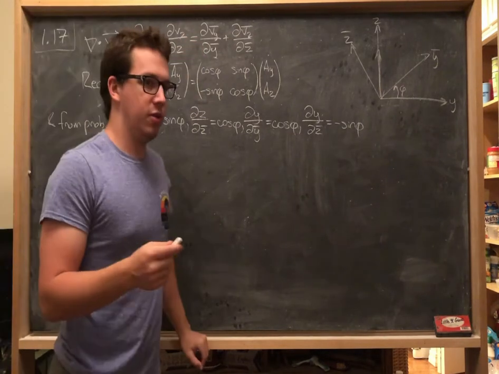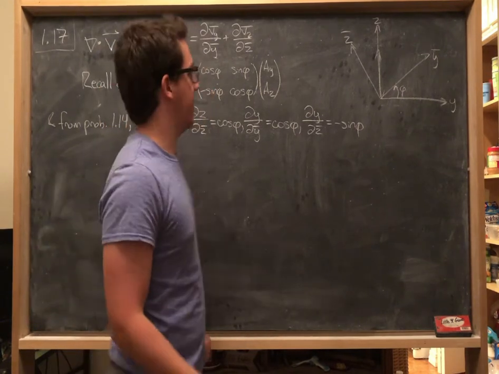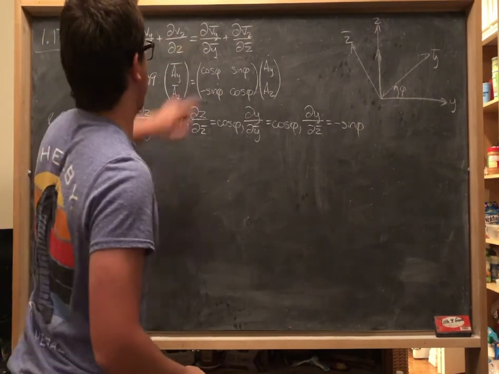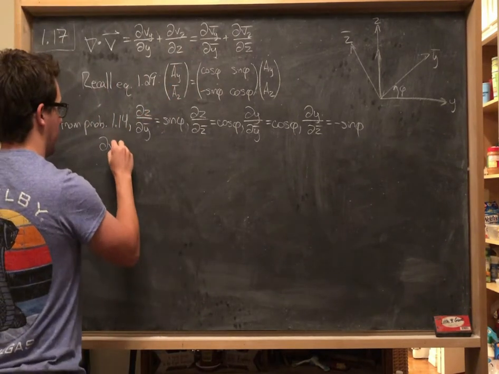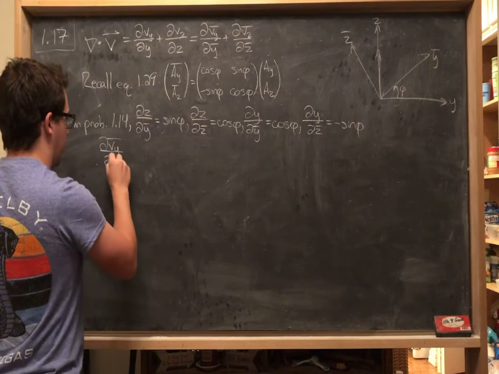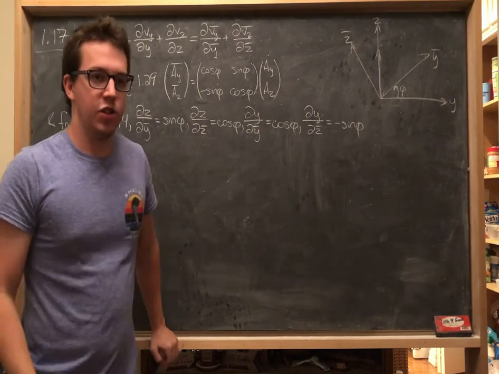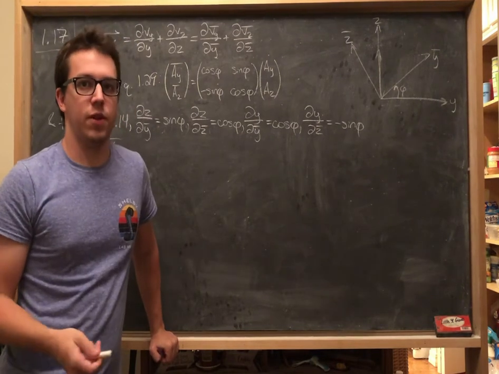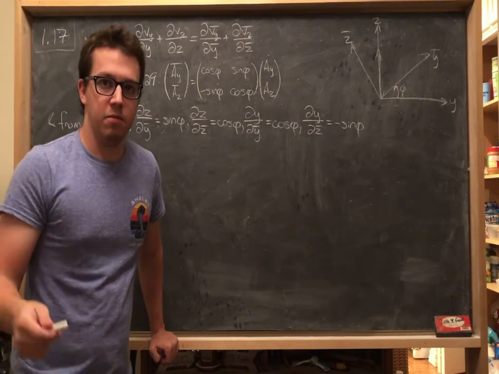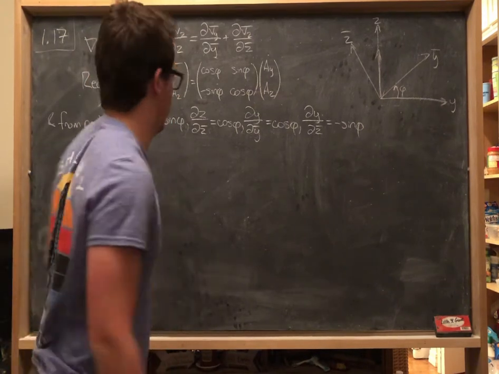So it asks us to use a method of derivatives similar to what we did in problem 1.14. So if we were to look at this term on the left here, d vy bar d y bar, what would this method of derivatives be? It's basically just using our partial derivatives like you would learn in an introductory multivariable calculus course.